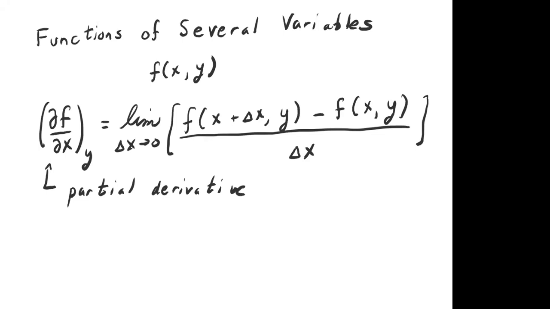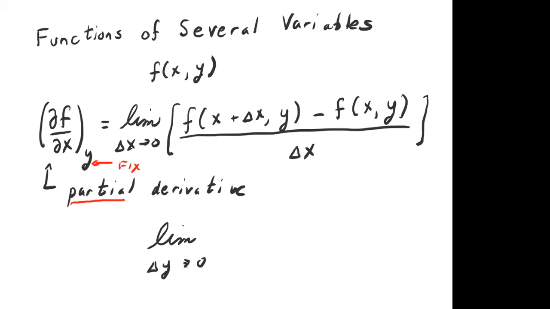And what it tells you to do is take your function, fix the variable y, treat it as a constant, and then take the derivative of the expression with respect to x. So that's why it's called a partial derivative. Now, x is not the only variable in town.